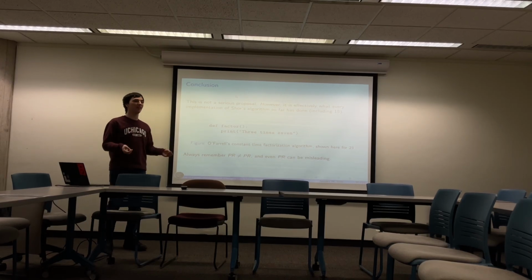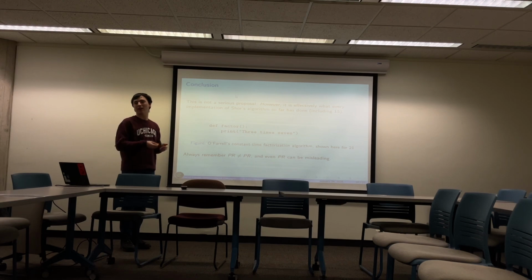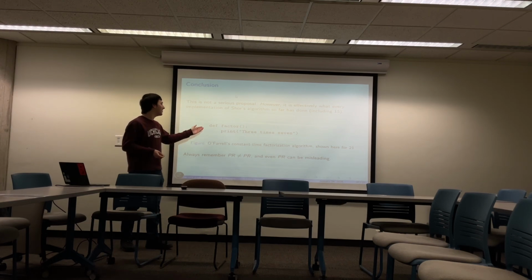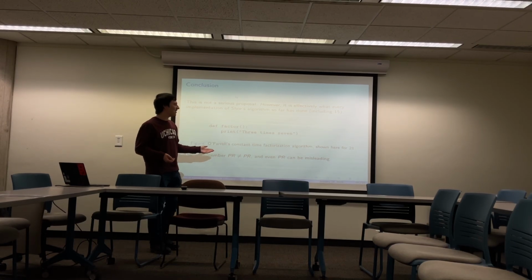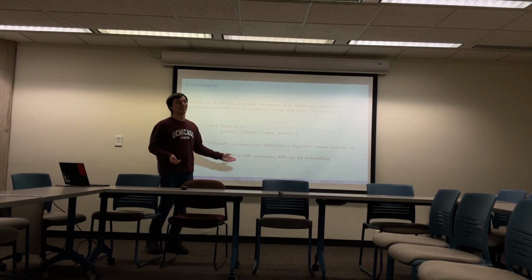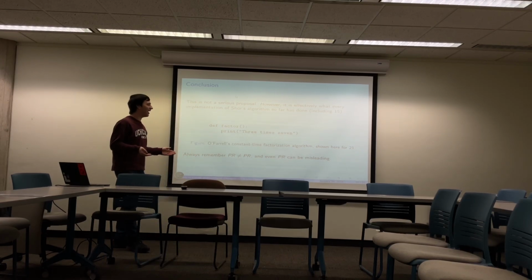They've always picked A values that are nice, and they've never picked generic A values that would require more time to run. And so effectively what they're doing, I can actually provide a speedup of Shor's algorithm. This is my constant time factorization algorithm, shown here for 21, which has still not been factored normally by Shor's algorithm without these kinds of choices of A.